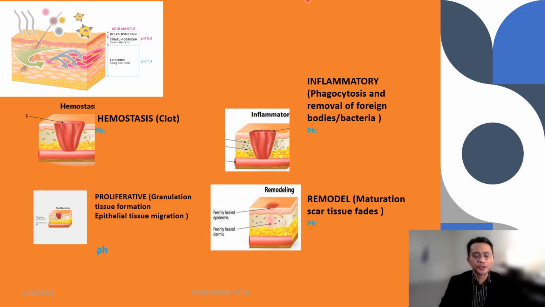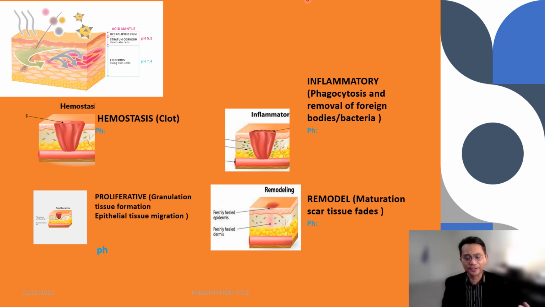So remember that the purpose of the hemostasis phase is to produce the clot and also to prevent further bleeding. So there is a massive vasoconstriction.